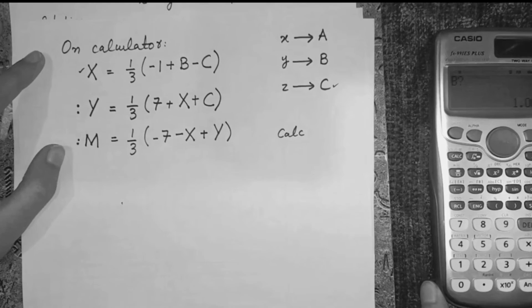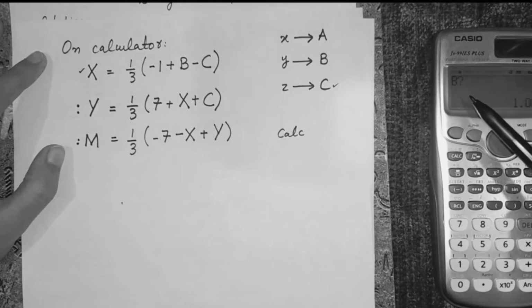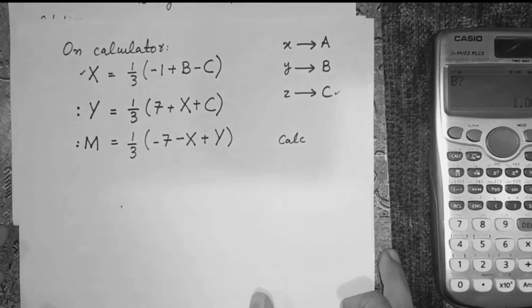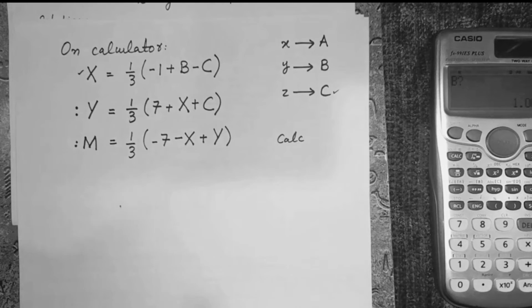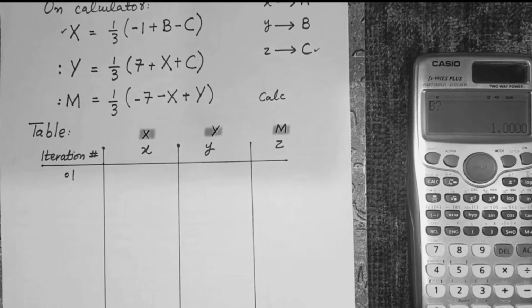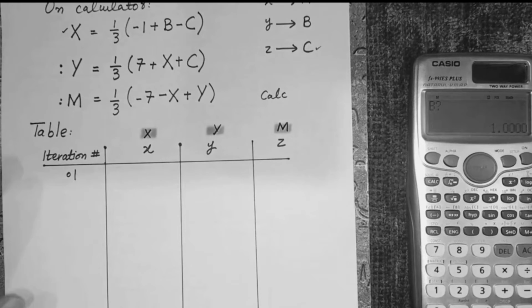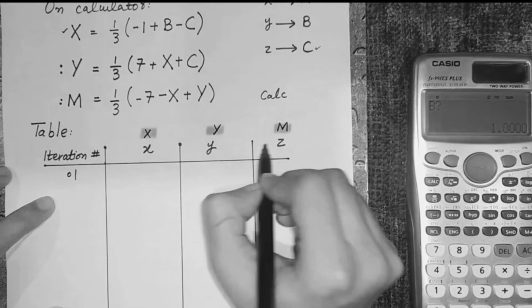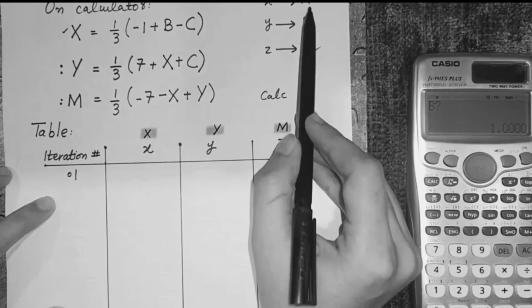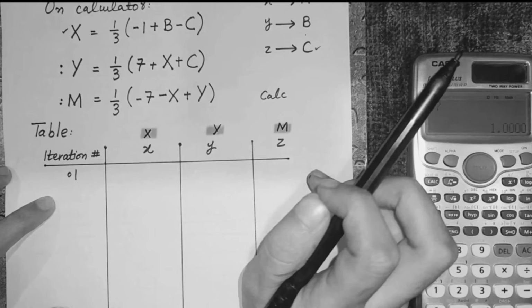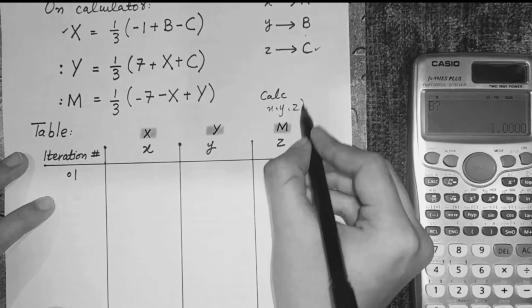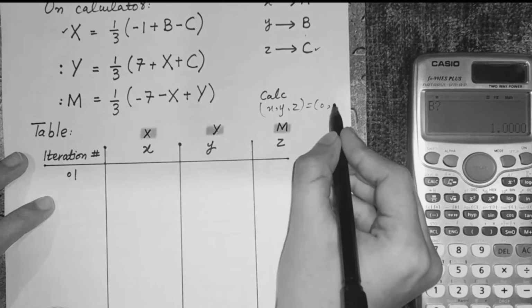Okay, now as you can see, the calculator is asking for the value of B. Let me make a table real quick. I'll be back soon. Now here we go. As we know, our initial guess for the values of x, y and z, and the previous values are A, B, C, is 0, 0.